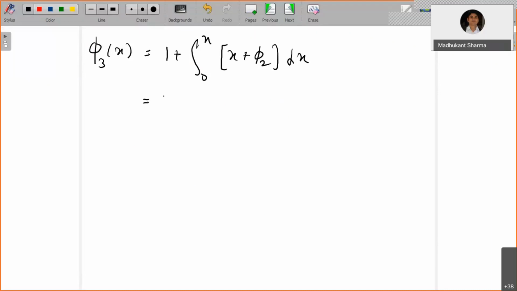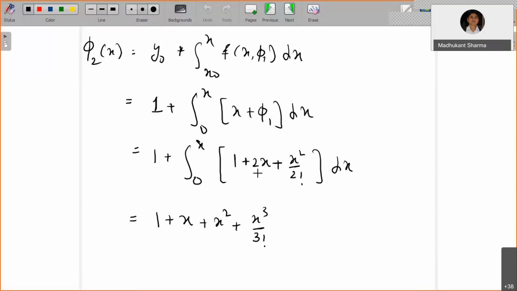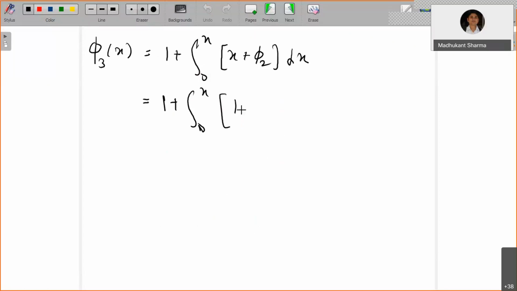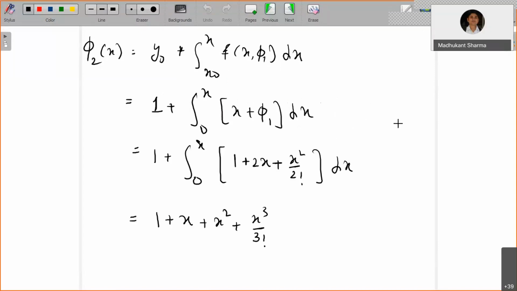So that is going to be 1 plus the integration from 0 to x of 1 plus 2x plus x square plus x cube by 3 factorial dx.